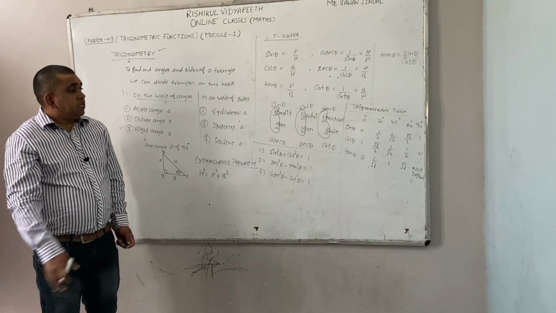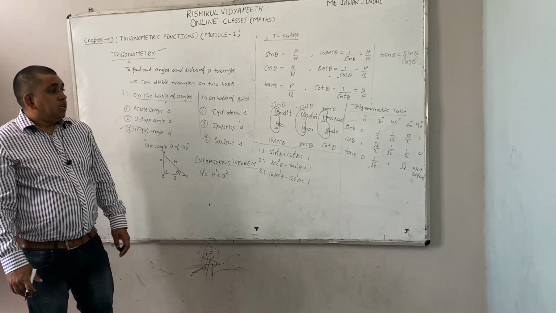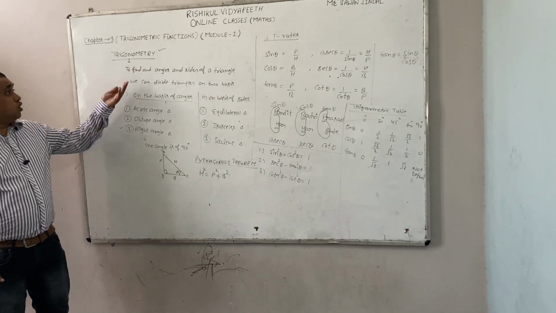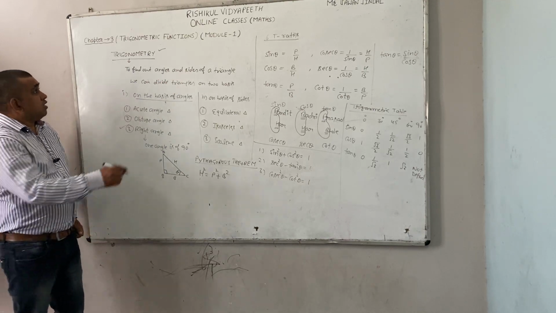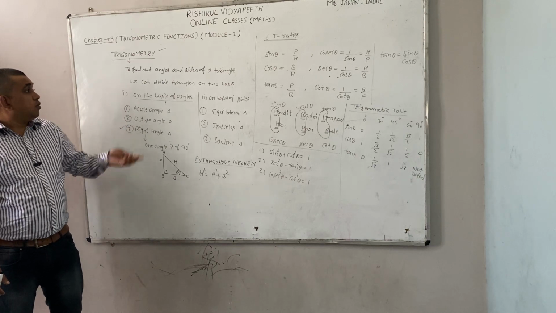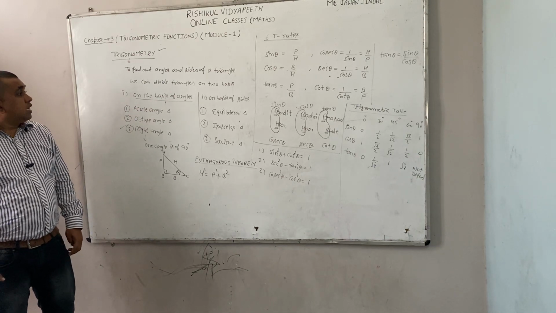Now all these things you have studied in your 10th class. You must know all these things. Now I am repeating the whole topic. Trigonometry means to find out angles and sides of a triangle, or you can say to measure angles and sides of a triangle. Now first of all you must have the knowledge of triangles.